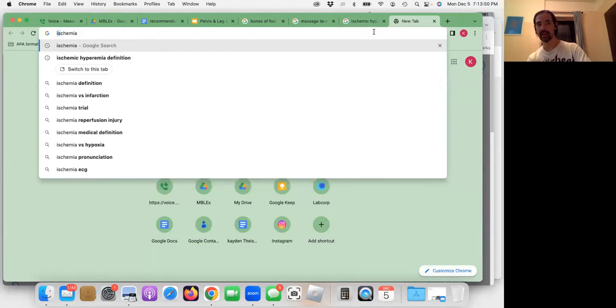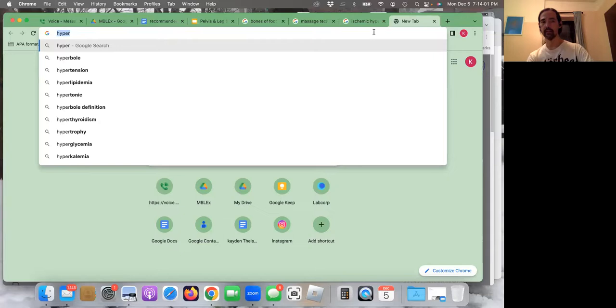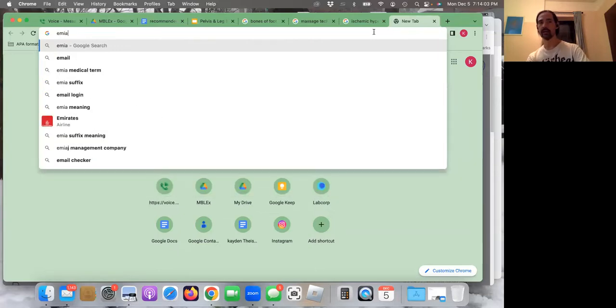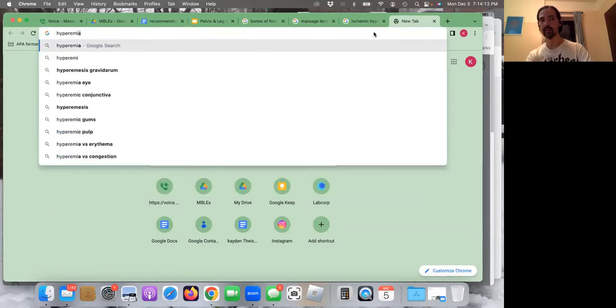But hyperemia, I know for sure the prefix on that is hyper, so too much, right? And then emia, I'm going to guess that has something to do with blood flow, or maybe movement of fluids or something. So I'm guessing that hyperemia probably means too much blood or like a lot of blood.